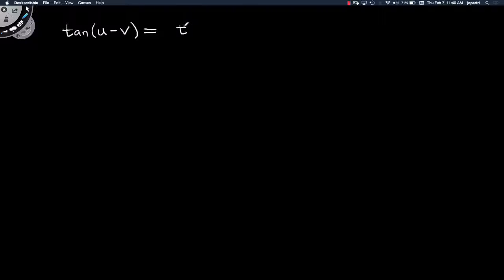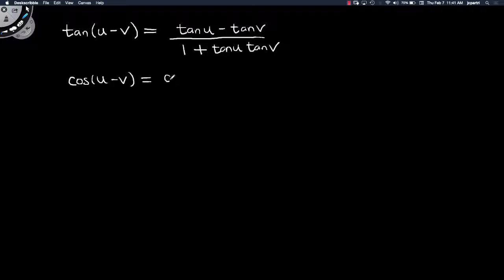The tangent of u minus v is the tangent of u minus the tangent of v all over 1 plus the tangent of u times the tangent of v. So it's just basically switching the signs. The weird one is the cosine one. The cosine of u minus v is equal to the cosine u cosine v plus the sine of u sine of v.